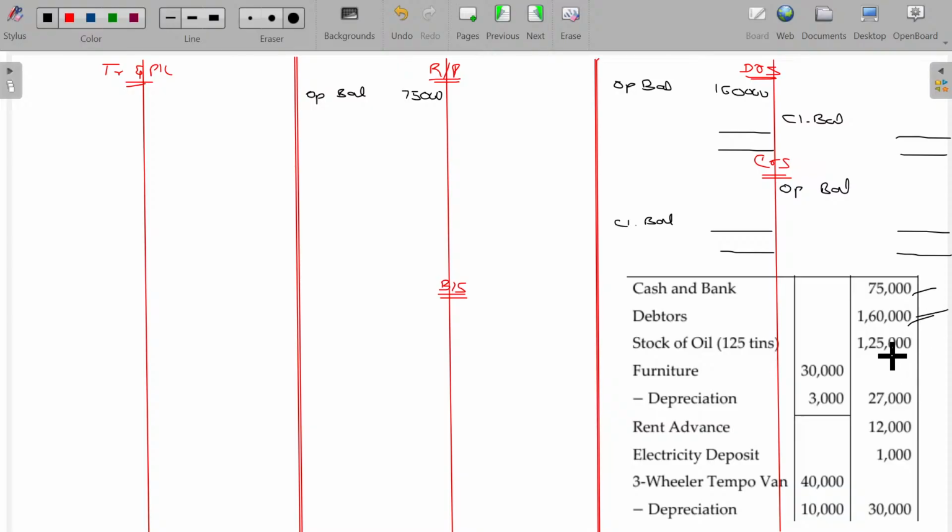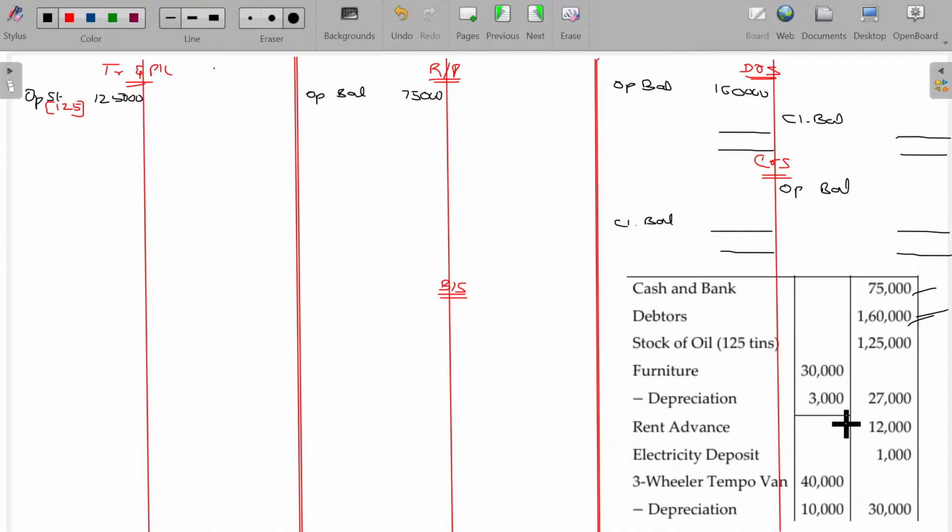Stock of oil 125. Opening stock in trading account, 1,25,000. How many tins we have? 125 tins we have. In quantity also it is given.